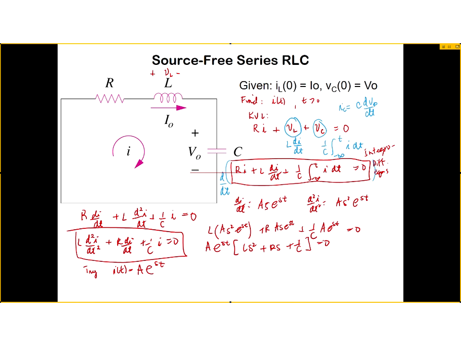E to the st is never 0, right? Exponential function never crosses the x-axis. A could be 0, but that will give you the 0 function. It's called the trivial solution. If a is 0, your current is 0 all the time, right? If your current is 0 all the time, of course, it's going to satisfy that. Okay, so the only non-trivial solution is going to come from that quantity in the brackets being equal to 0, and that's going to be Ls squared plus Rs plus 1 over C is equal to 0.